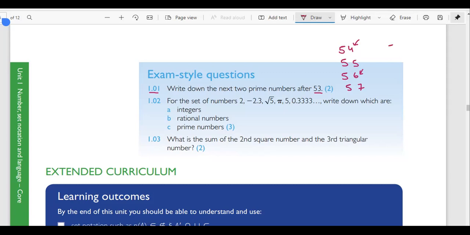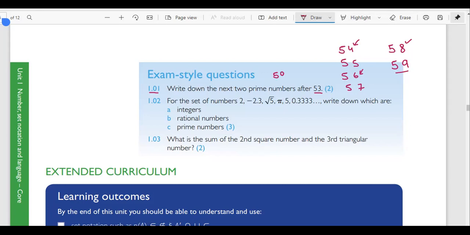Then we have 58. It is an even number, divisible by 2. And then we have 59. Now, this 59 is our next prime number, right, guys? Yes. Okay, so 59 is the first prime number.